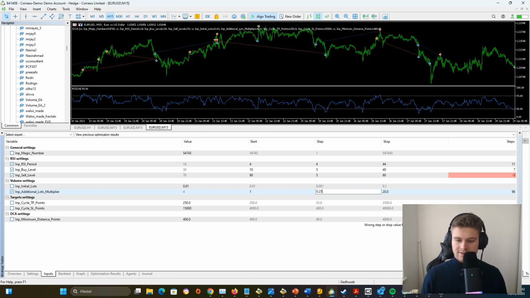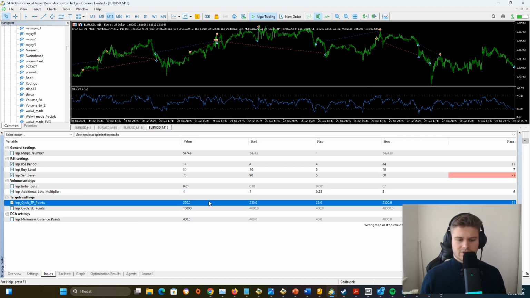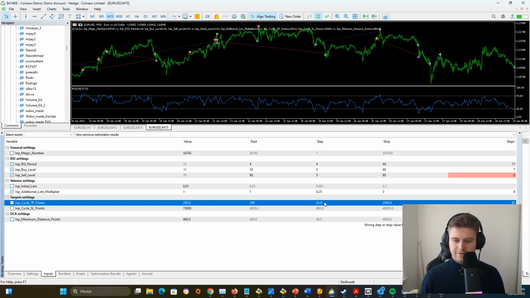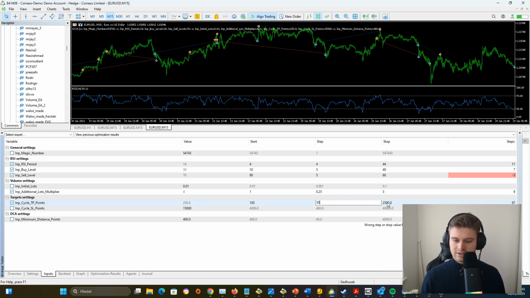We will increase this by 0.25 to 3. Cycle take profit points, we will start at 100, increase by 50, and do this to 500, for example. Stop loss points, let's start at 1000, increase by 1000, and do this to 10,000.